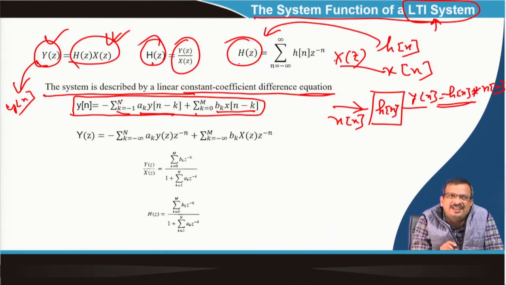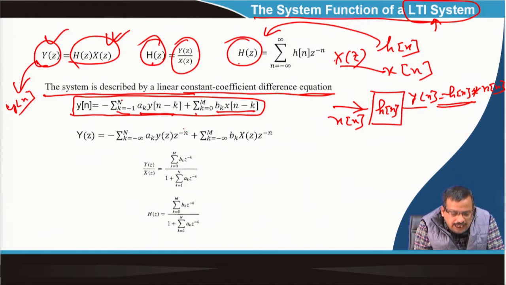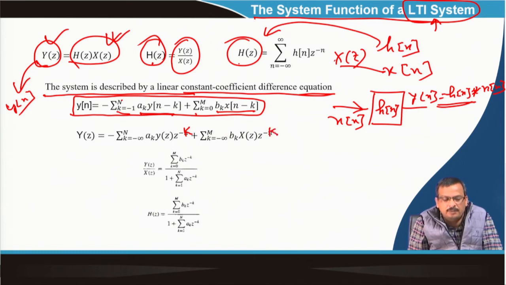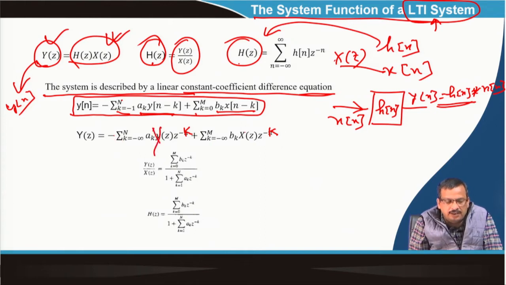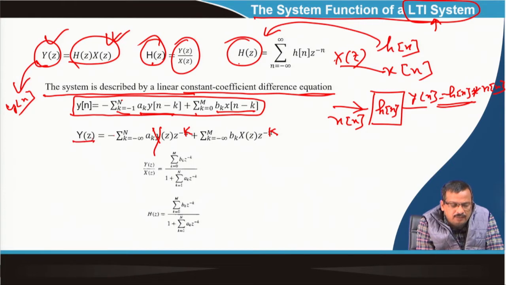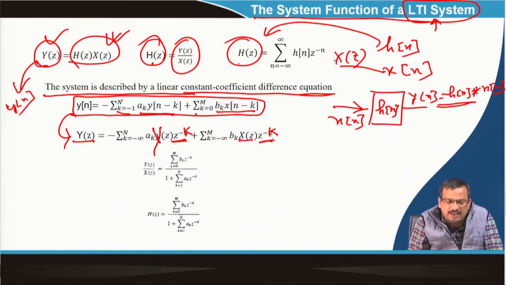Now, if I take the Z transform of this, it will be k, not n. So, this will be capital Y(z), this will be capital X(z). If I take the Z transform, it is Y(z) z to the power minus k, and this is X(z) z to the power minus k.